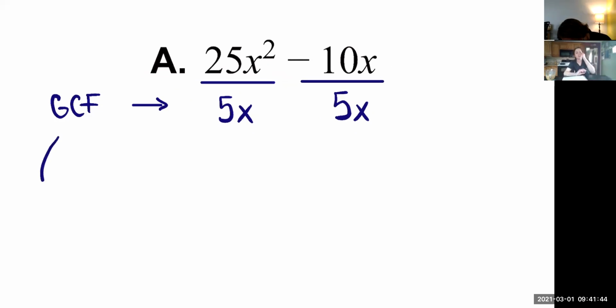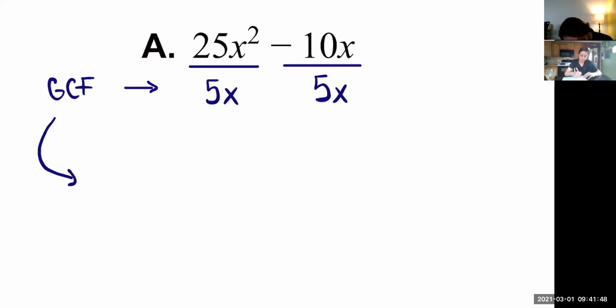So the first thing I usually write down when factoring an expression like this is the greatest common factor. But here's where that reverse distribution comes in. I'm actually putting in a set of parentheses because I'm now going to divide each term by this greatest common factor of 5x that we've decided upon.